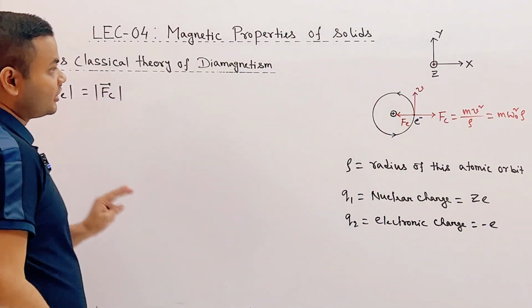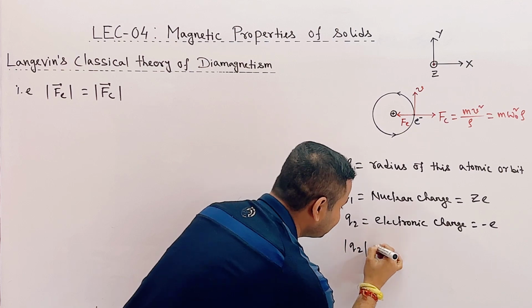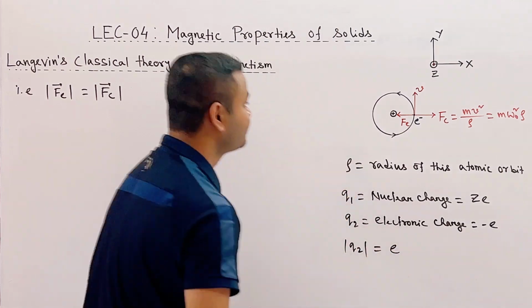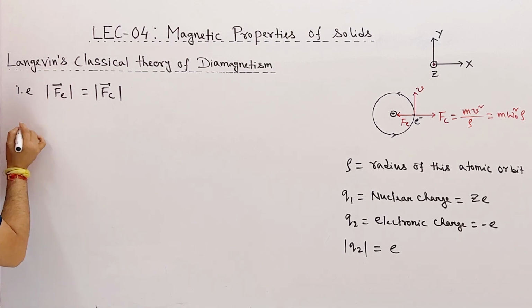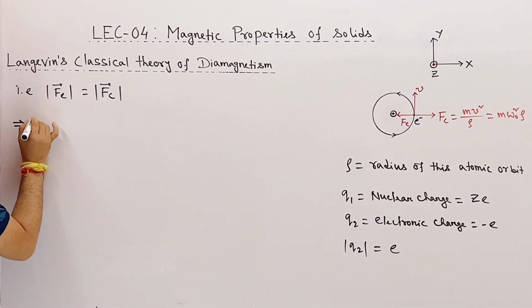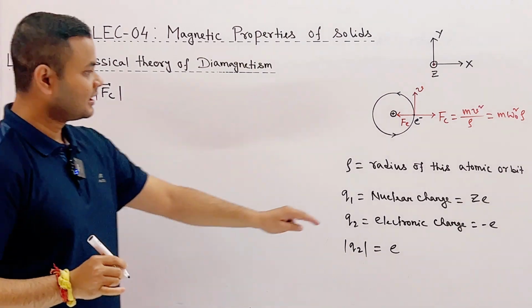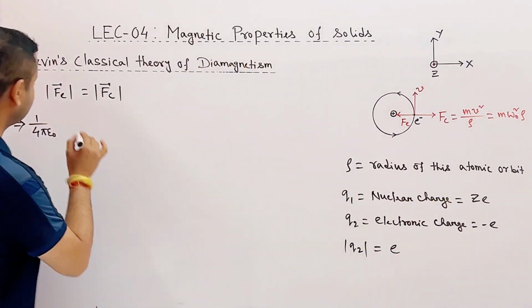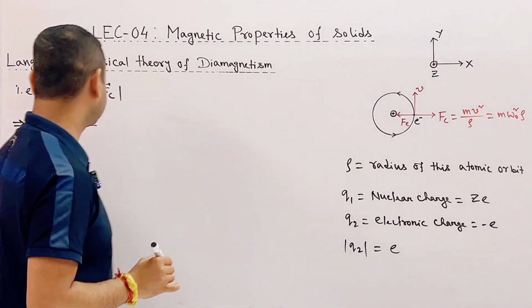Since we are considering only magnitude, so magnitude of electronic charge will be e. Okay? So finally we will get the magnitude of electrostatic force as 1 by 4 pi epsilon naught Z e square divided by rho square.